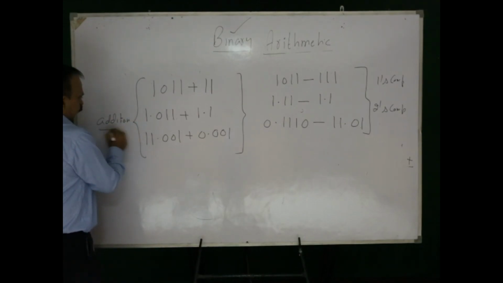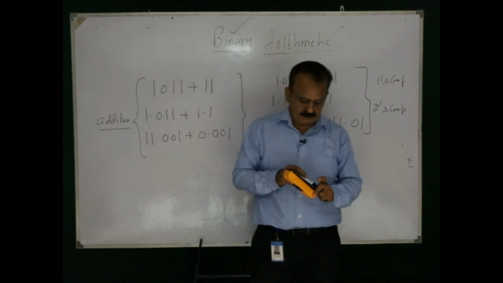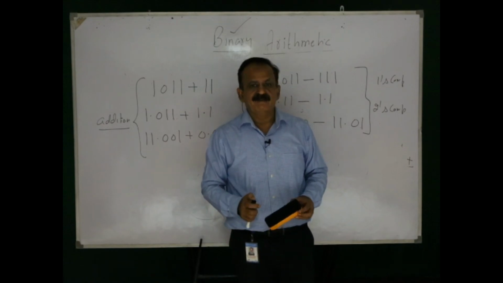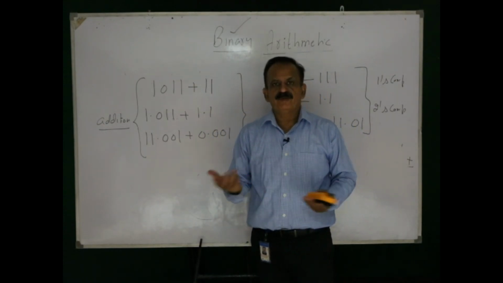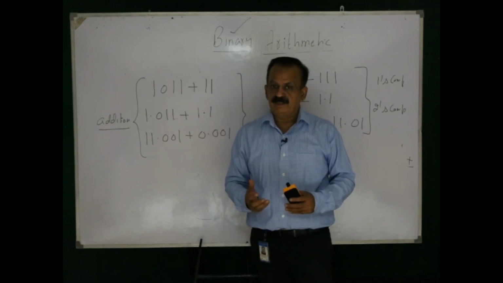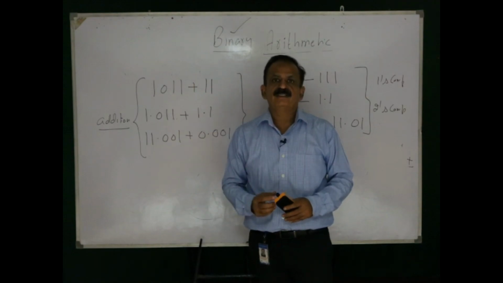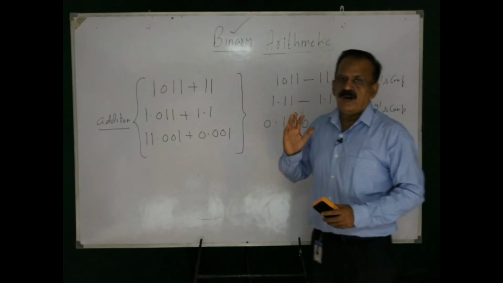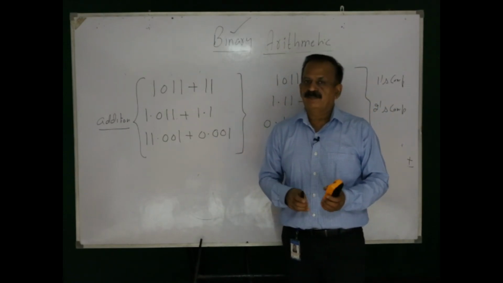Now these will be the questions, and there can be two theory questions. One is, why are binary numbers used in computers? You have to explain why we prefer binary code. The question can be, why do computer designers prefer binary numbers for designing digital computers? And another can be, why are 1's and 2's complement methods used for subtraction?